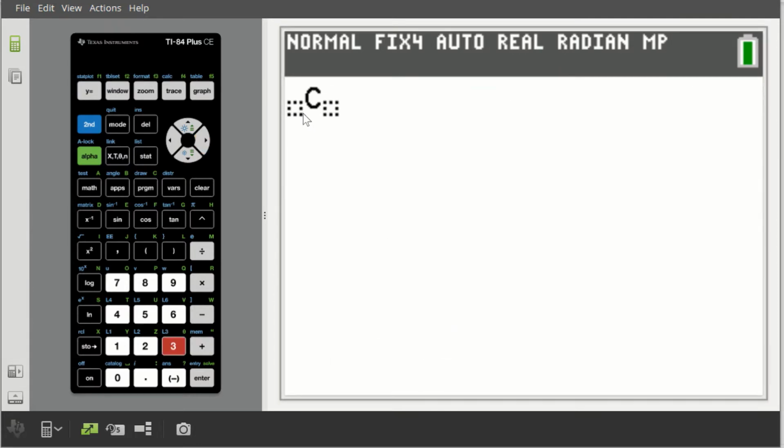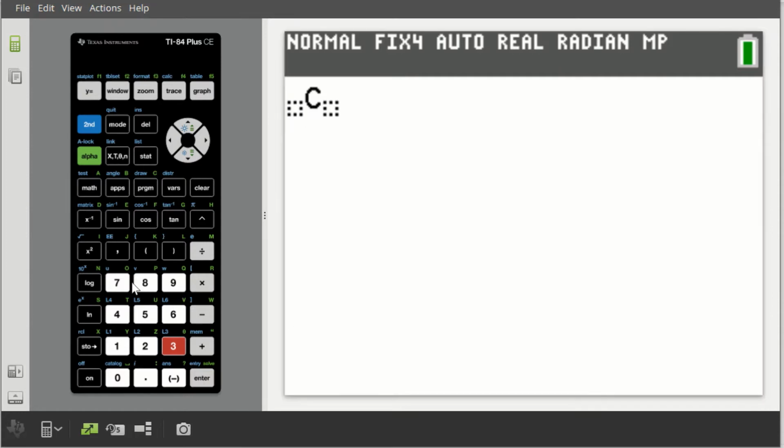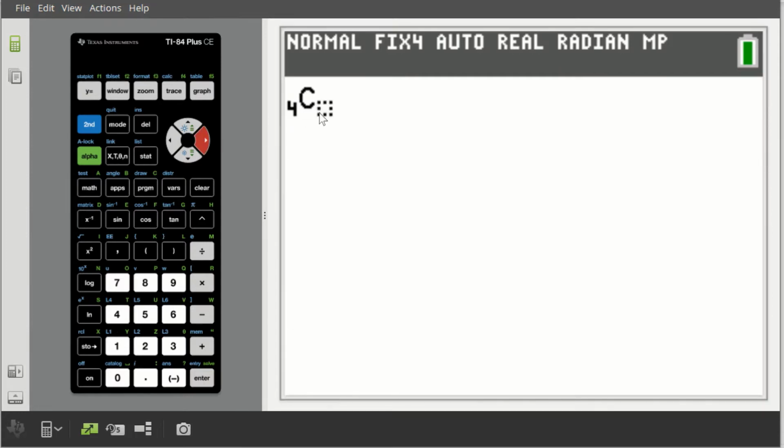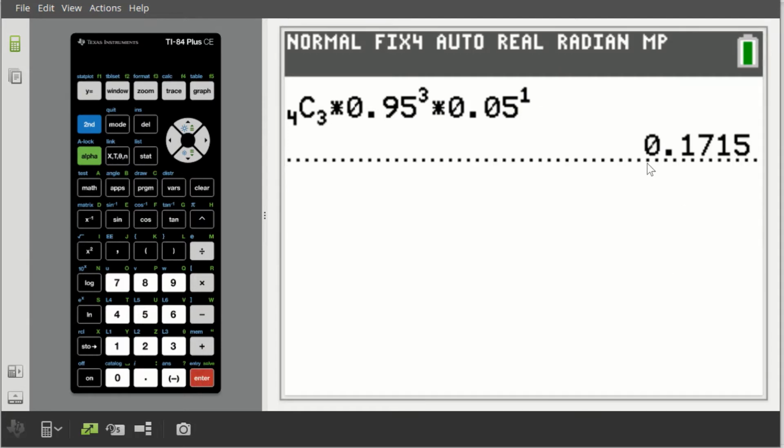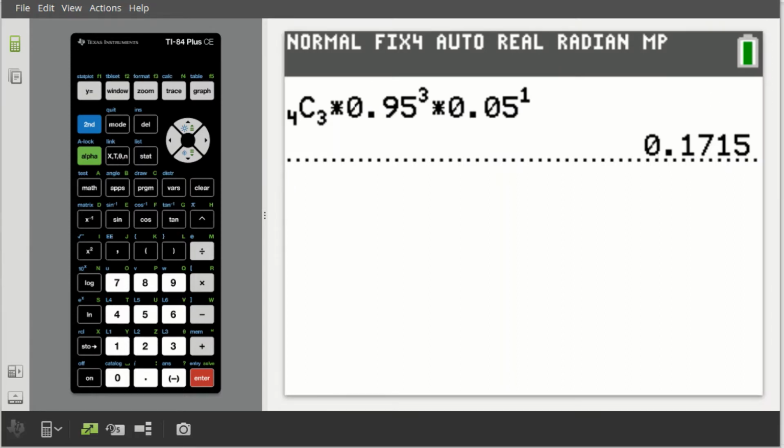So here we have 4, so that's your 4. On the other side we have 3, then we have times 0.95 raised to 3, okay, times the q value, which is 0.05 raised to 1, and then hit enter, and you'll see that the probability is 0.1715.